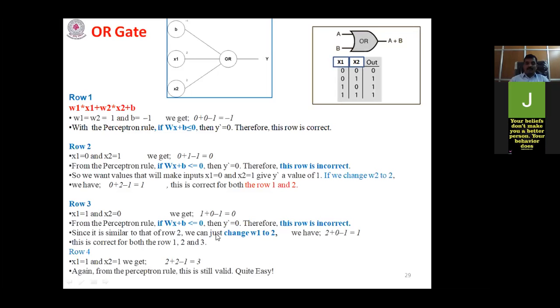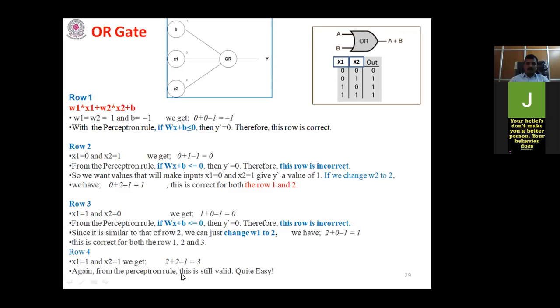Similarly, you apply it for row 4. Row 4: the input is 1 and 1, and the weightages are presently 2, 2. When I apply this function, 1 multiplied by 2 plus 1 multiplied by 2: 2 plus 2 is 4. 4 minus the bias value, which has not changed earlier, the same value, -1.